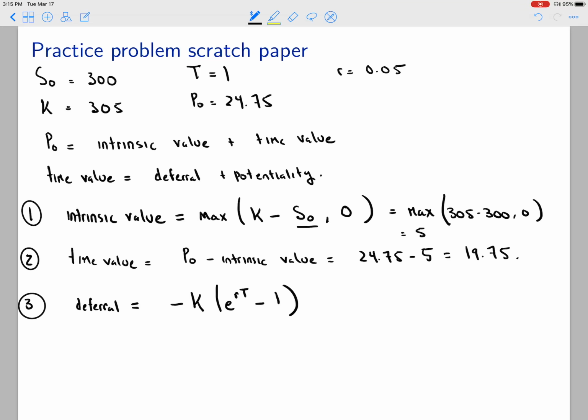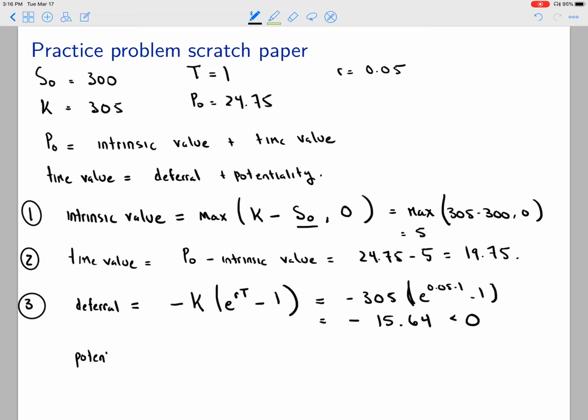It's the total interest you lose by delaying receipt to that later date. Minus 305 times (e to the RT minus 1), where e to the RT is e to the 0.05 times 1, minus 1, which is equal to minus 15.64. Notice that this is less than 0. Deferral is a cost to the put option.